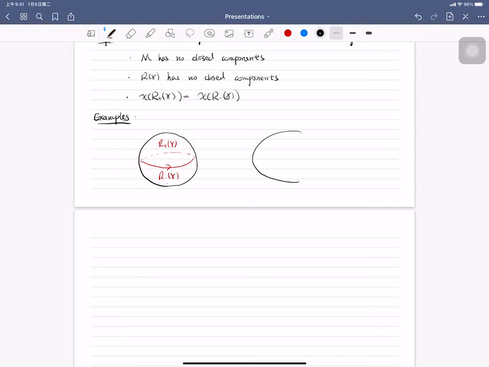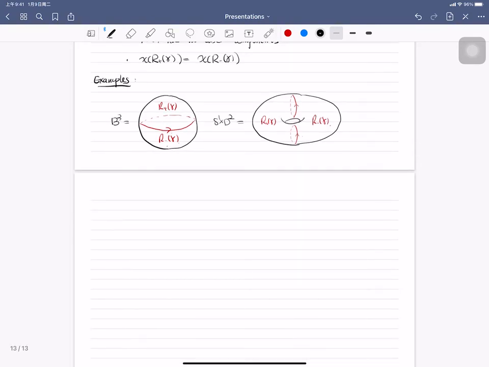We can also have a solid torus, but in order for the suture to divide the boundary into two parts, we need at least two curves, and the orientation is also very important. If we give their orientation like this, then R plus and R minus are okay. So this is B3, the 3 ball, and this is S1 cross D2, also known as the solid torus. These are two examples of balanced suture manifolds.